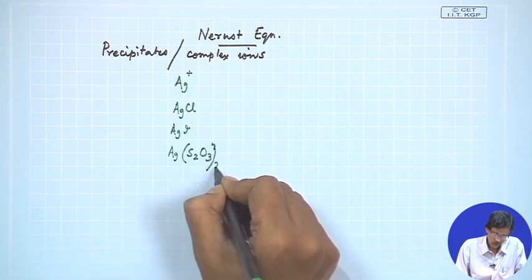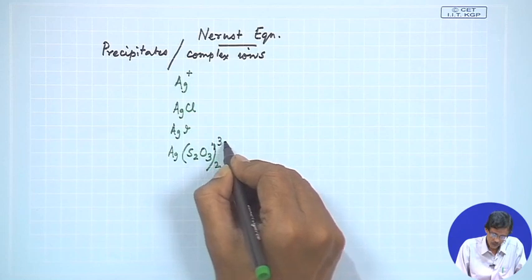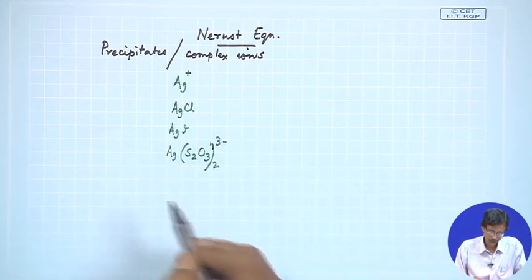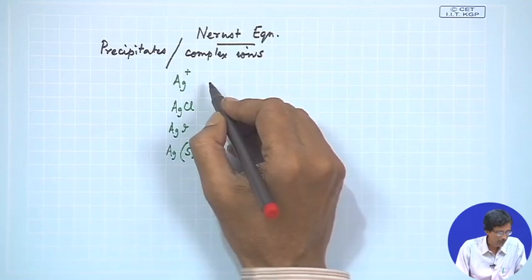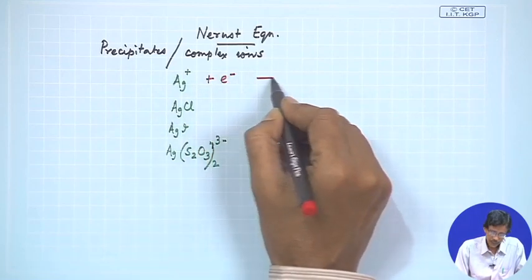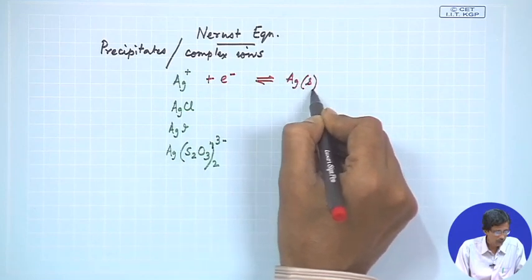Its charge is 2 minus for the thiosulfate anion. So, overall charge will be 3 minus for the silver ion in the +1 oxidation state.